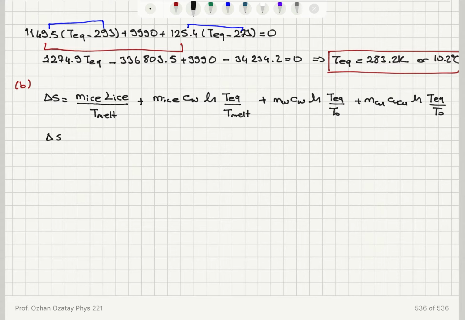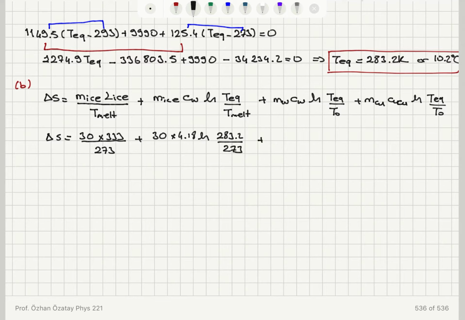So I will find the first term is 30 grams times 333 divided by 273 Kelvin. The second term is 30 grams of ice, 4.18, natural logarithm 283.2 divided by 273 Kelvin.